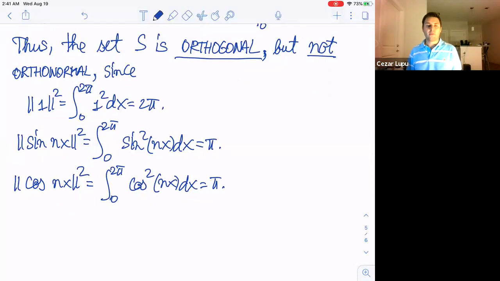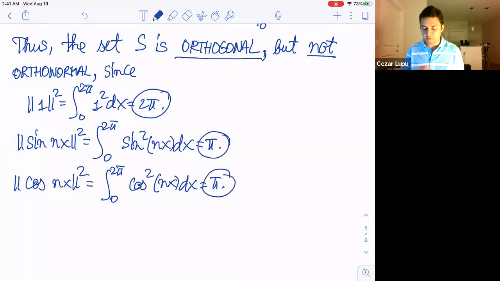Definitely, these are not unit vectors, right? But is there a way for us to make them look like unit vectors? Sure. I can divide by this quantity here for my vector 1. I can do the same thing for the other two vectors.